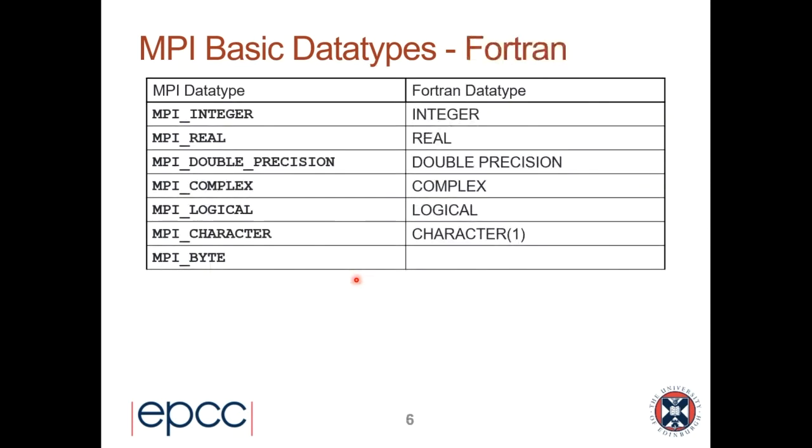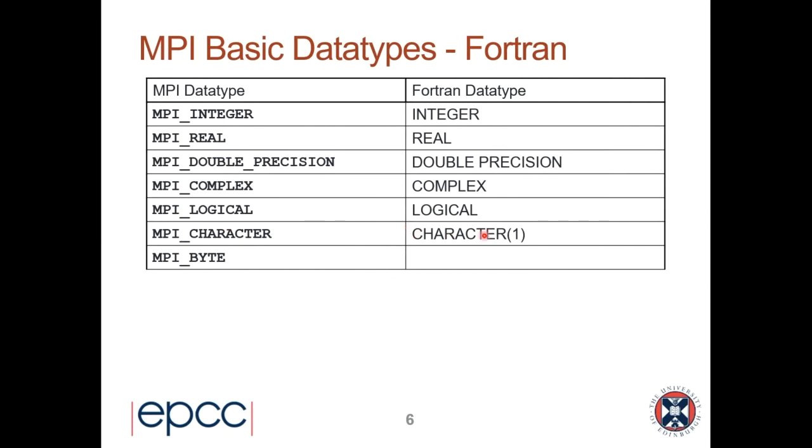In Fortran, because the language types are different, we have integer, real, double precision, complex, logical. So we have MPI integer, MPI real, MPI double precision, MPI complex, MPI logical, and MPI character. Again, for most programs, you'll use MPI integer and MPI double precision. I would say that for Fortran programmers, I would avoid sending around characters.